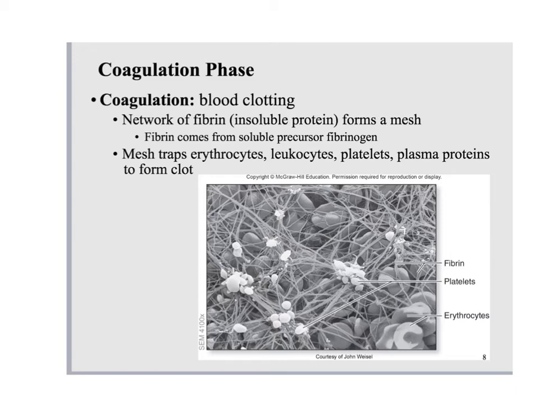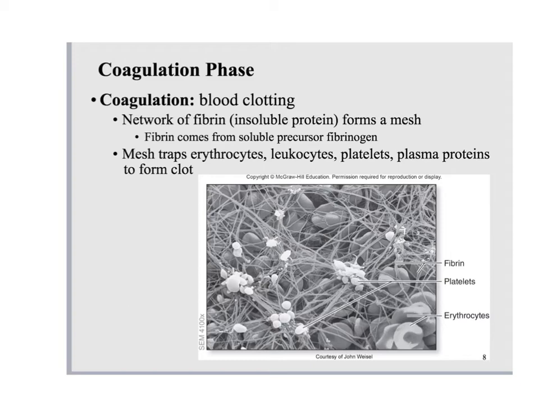Okay, what else? There's ground substance. They have fibers. Right? And up till now, blood hasn't shown where we have fibers. Okay? So this is the part where fibers are involved, in the coagulation part.